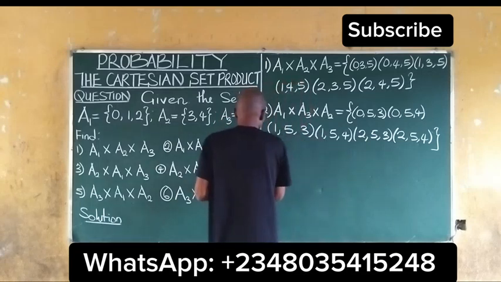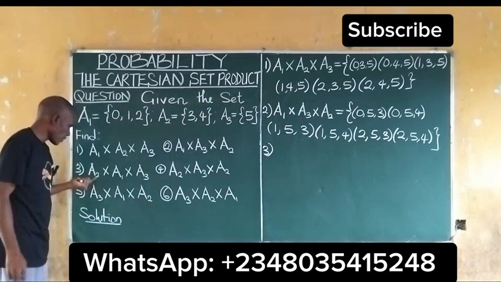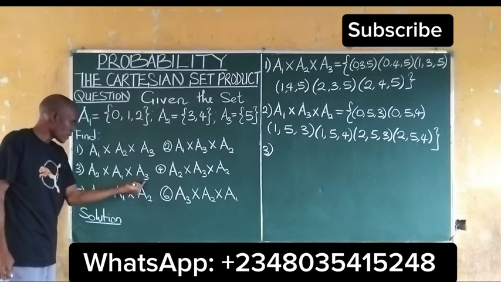So this is for this. Number 3, we are asked to multiply A2, A1, A3.